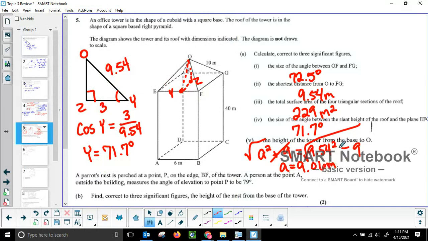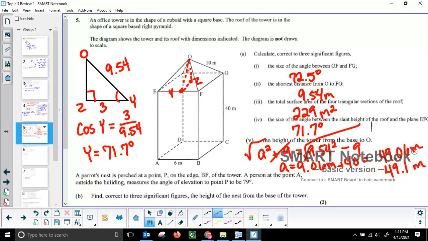All right, so now we take the 40 plus this 9.06 to get 49.06 meters. Right, now they said to 3 sig figs, so this would be 49.1. Are we good there? All right.